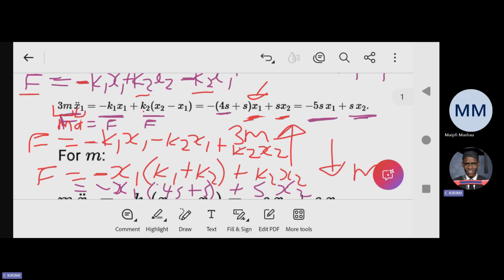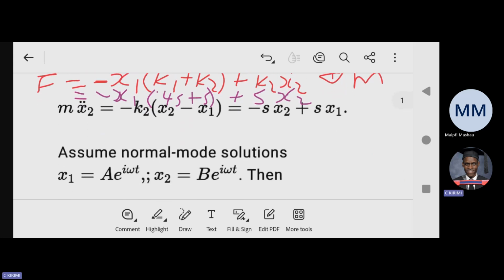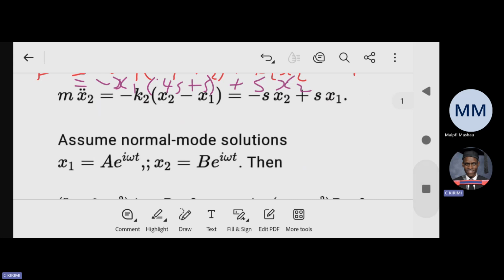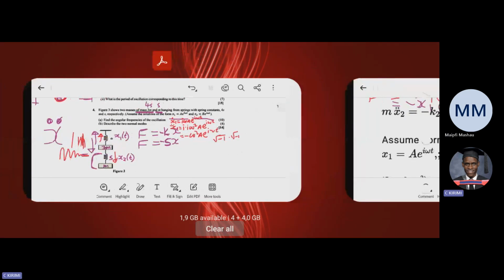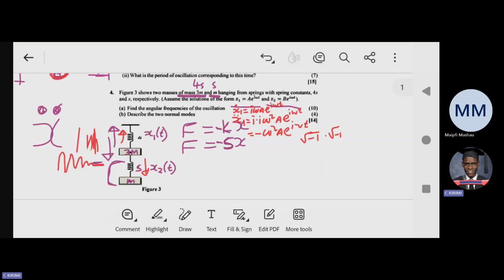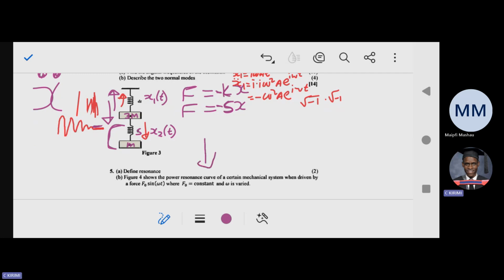So now we do the same for the second mass block. Let's go to the second mass block and see what is happening on it. The forces. If this force is going downwards for the block, then the force is equal to negative K2 x2.